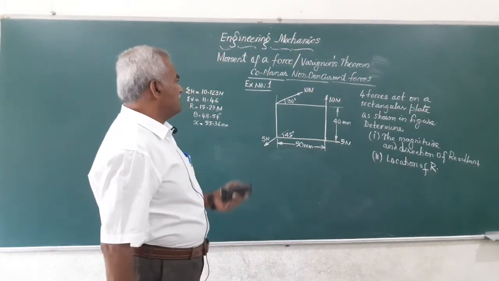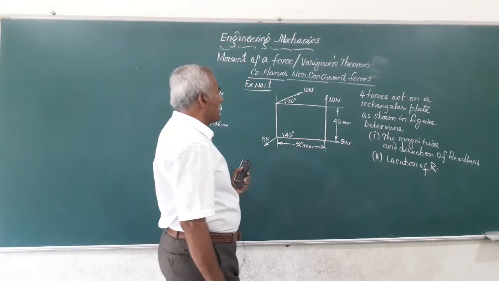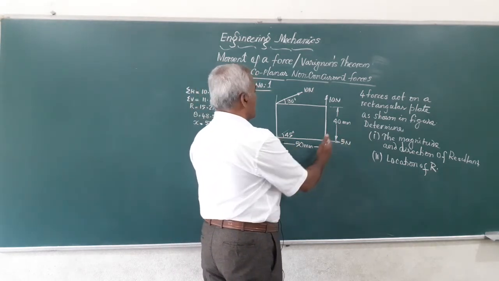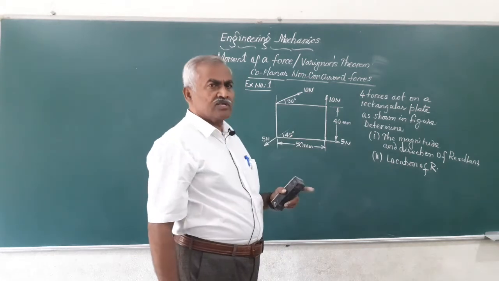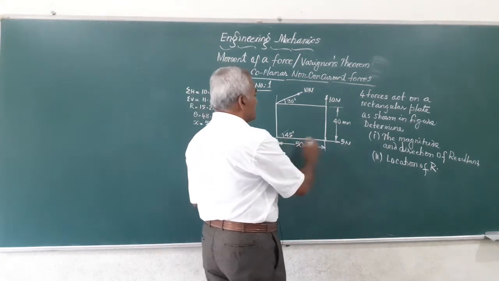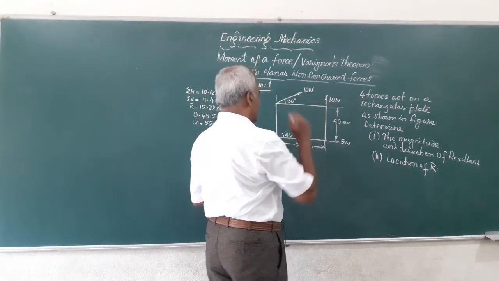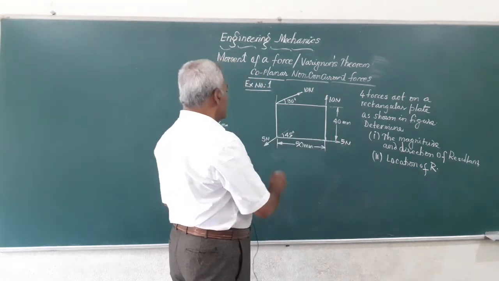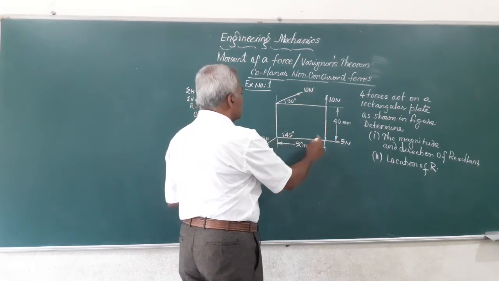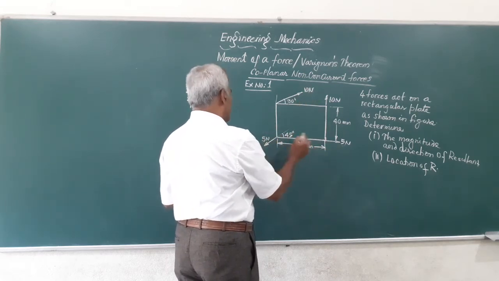Friends, you can see here in this figure the horizontal load of 5 Newton and the vertical load of 10 Newton need not be split into components, because one of them is horizontal, the other is vertical, whereas the other two forces, 5 Newton and 10 Newton, are inclined to x and y.